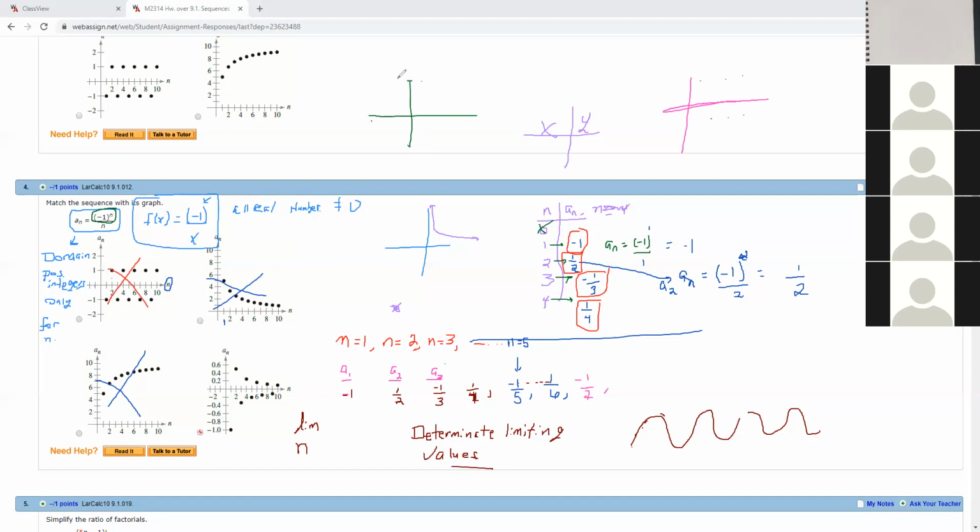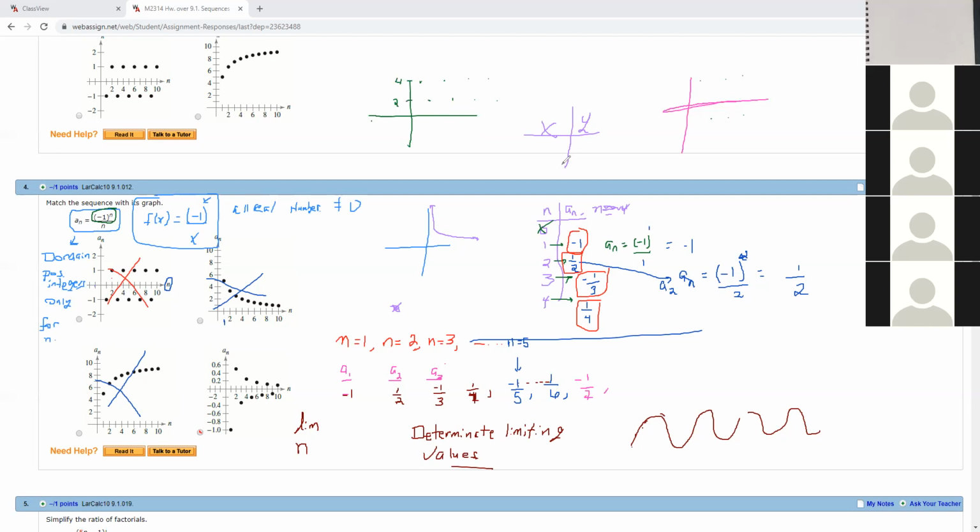Say this is like a 4. Say this is like a 2. Say you get 4 on one term, the next term's 2, the next term's 4, the next term is 2. This is also oscillating, or we can say alternating, but they're not alternating between positives and negatives. This is another type. We could also have them alternating where they're always negative.